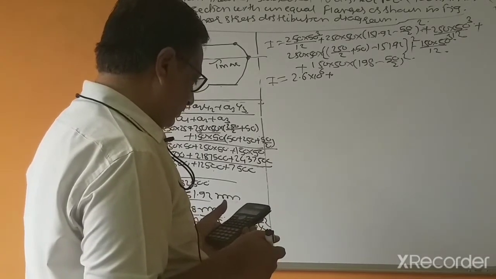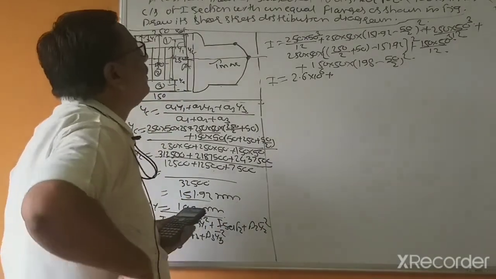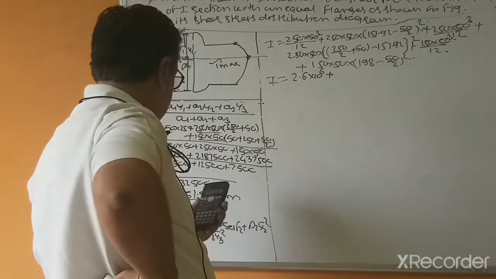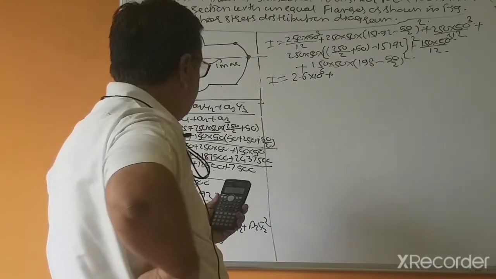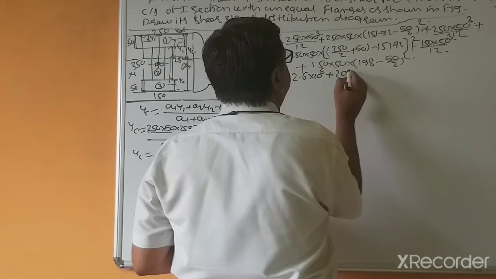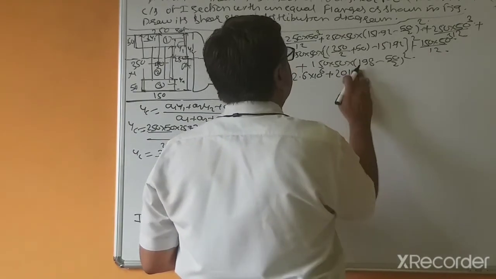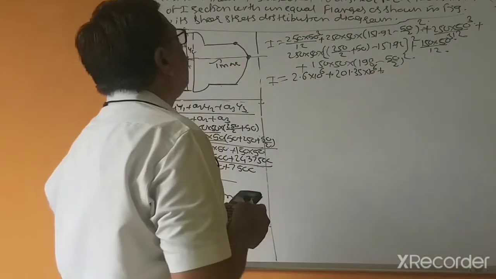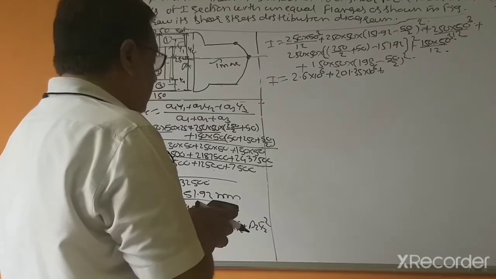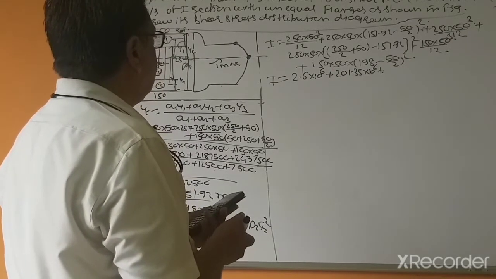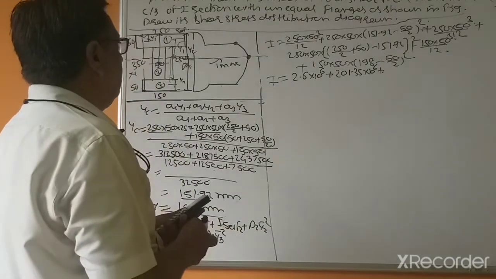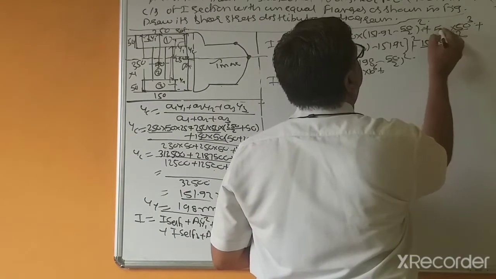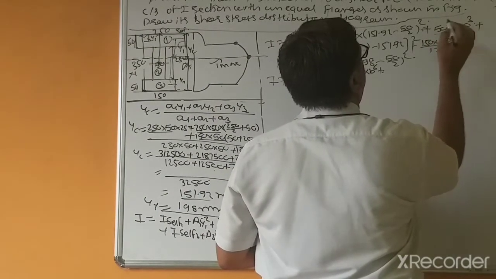This is equal to 201.35 into 10 to the power 6 plus again. Okay, sorry, because here this is 50, second 50, and this is 250.